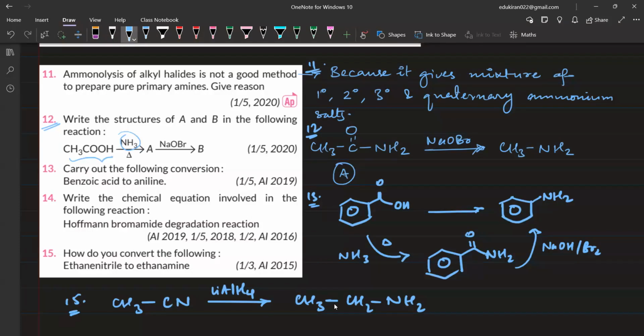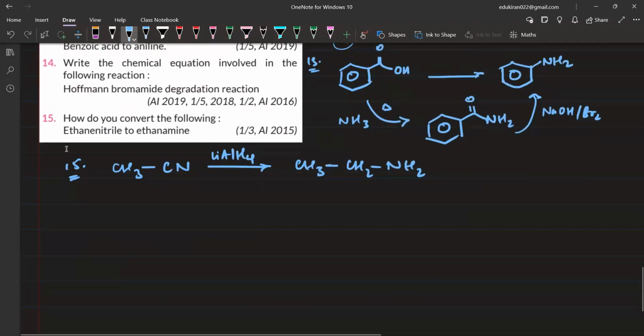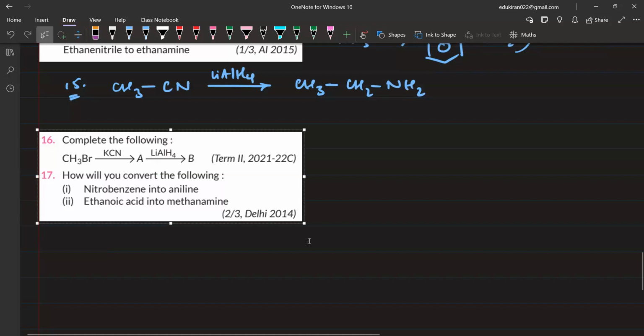This is question number 15. No. Try the 16th one. Tell me A and B in 16.